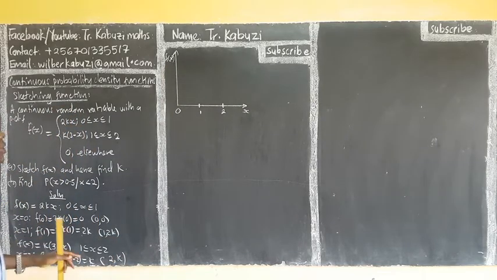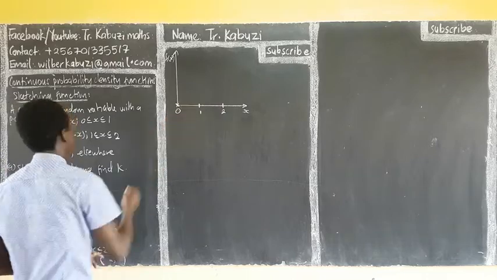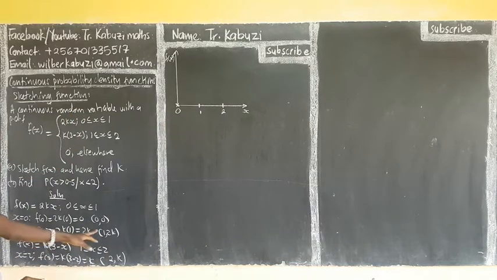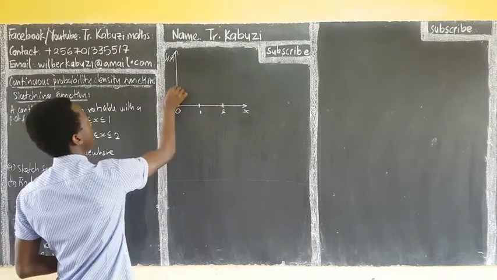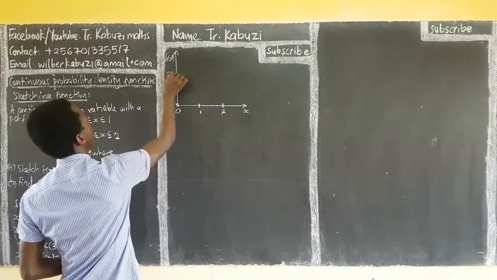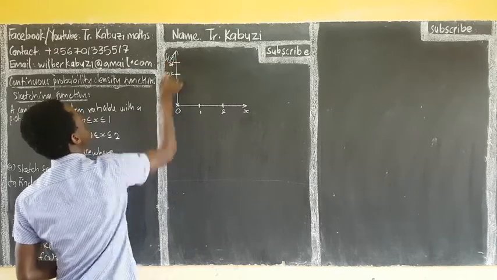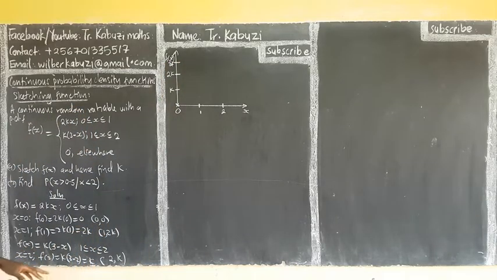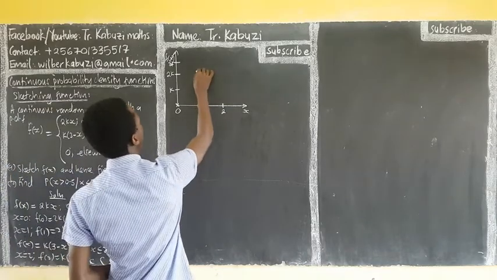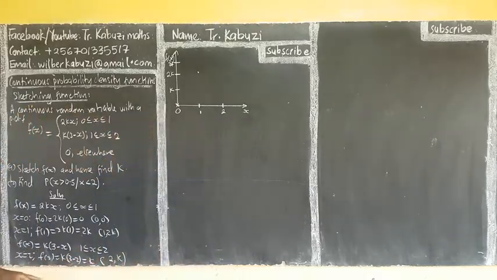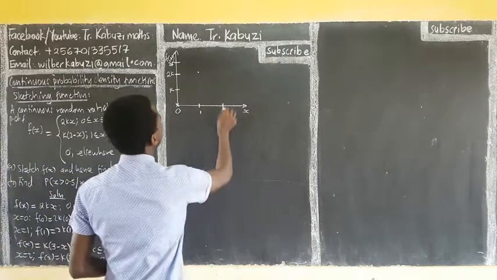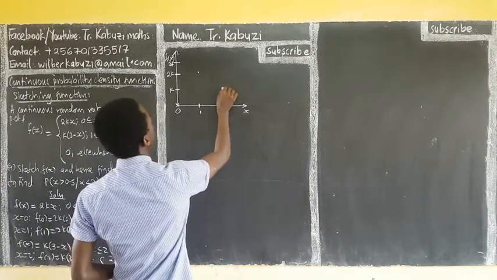The first point was 0, 0, so it's here. Then the next is 1, 2k. If this is my k, then the next is 2k. Then I also have 2, k. It is going to be somewhere there.